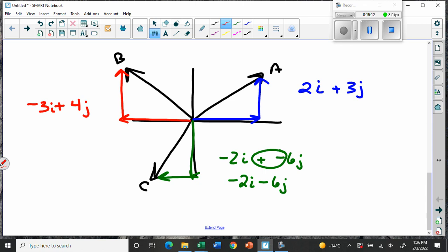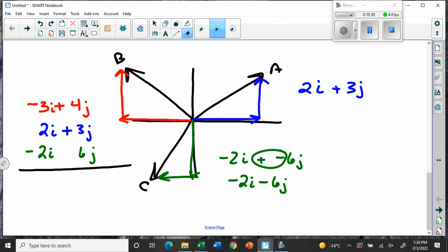So if I write these vectors underneath each other, 2i plus 3j, and then down here, negative 2i minus 6j, and add up all the i's and all the j's. Oh, that's a minus 6j there, got to watch that.